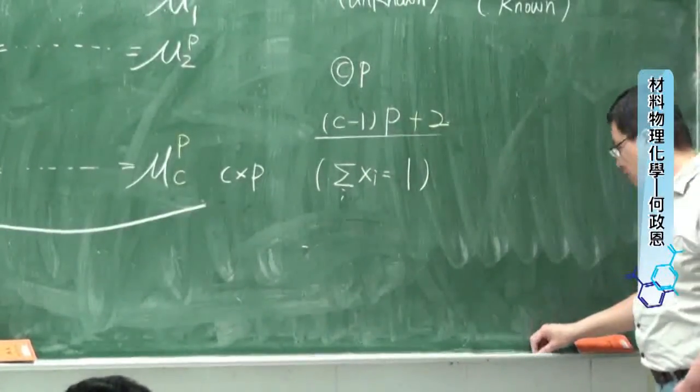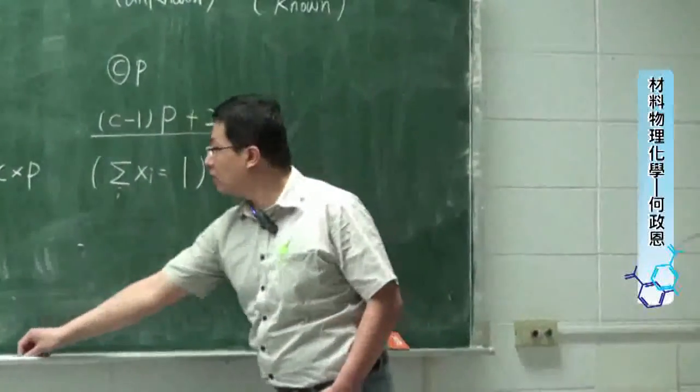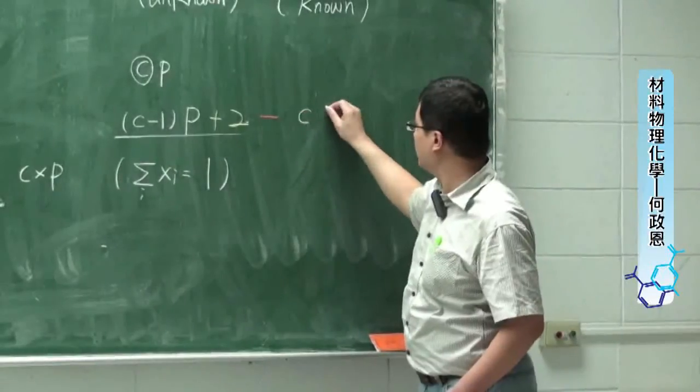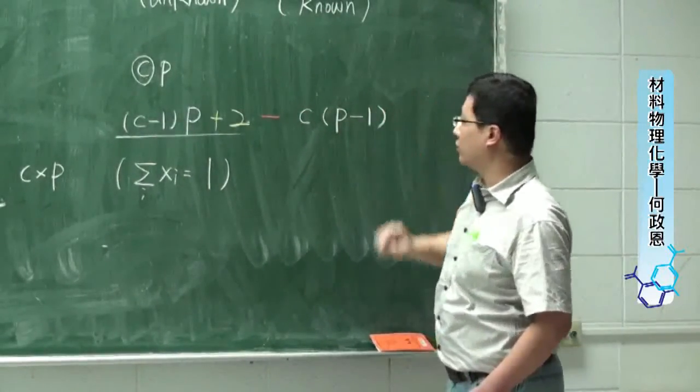So let's... we have C P multiplied by P1.